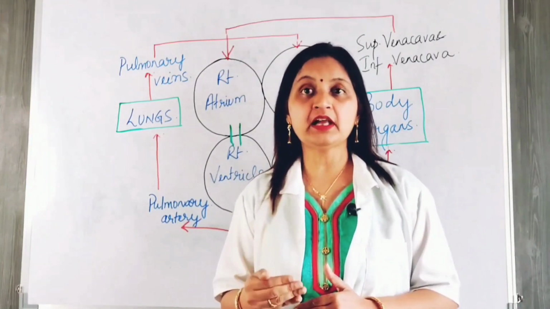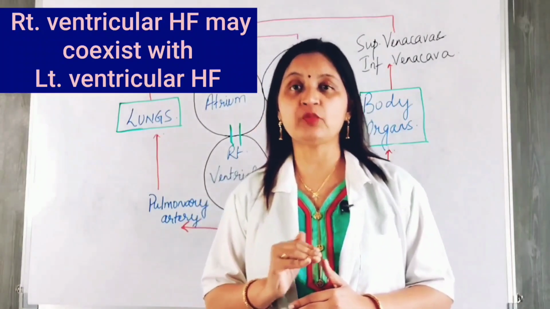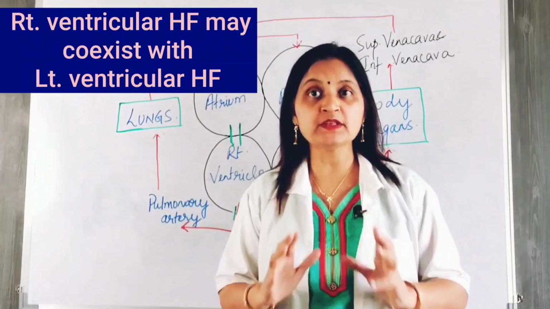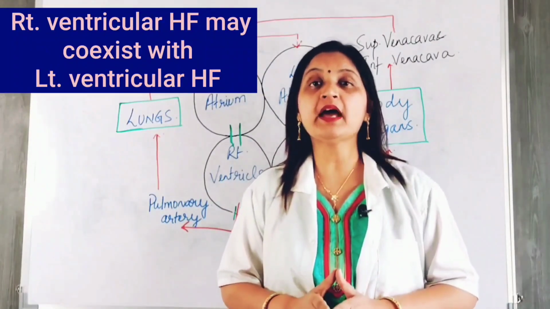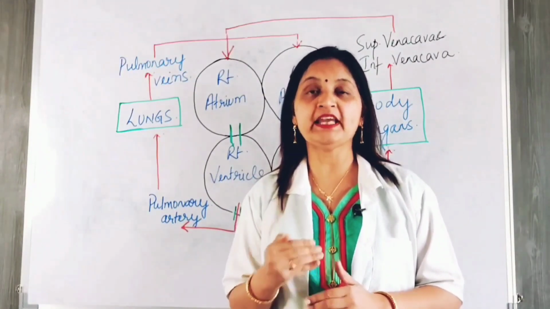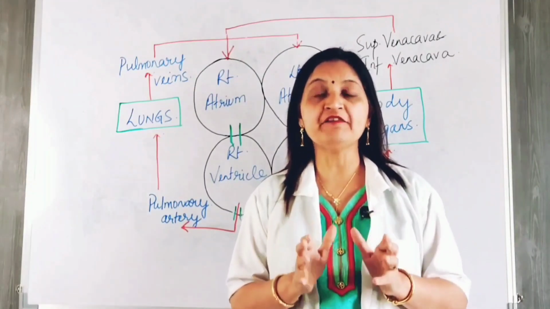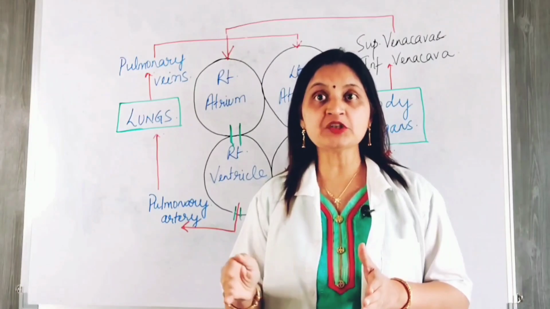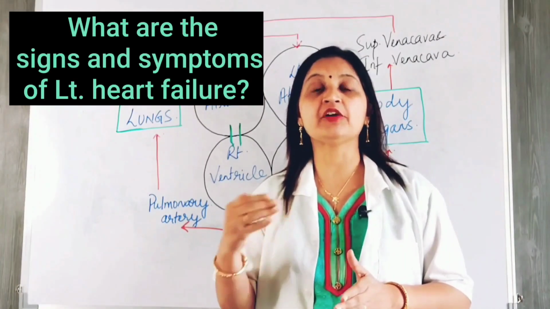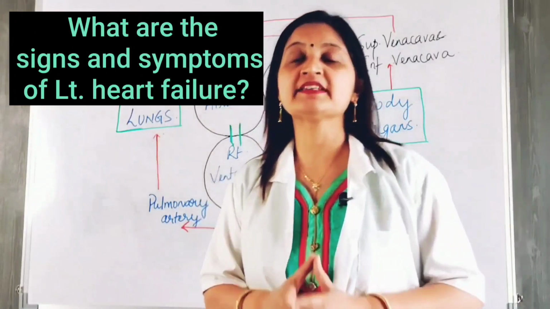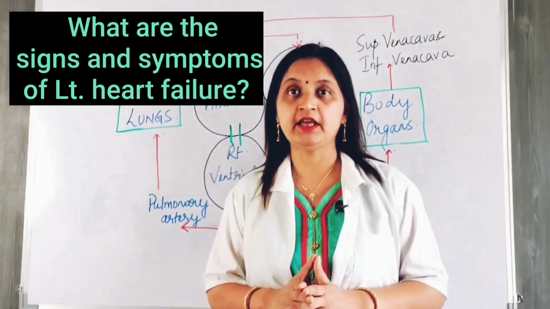Right ventricular heart failure may coexist with left ventricular heart failure if damage is sustained by both sides of the heart, or it may occur as a complication of progressive left ventricular failure. So, left ventricular failure progresses over a period of time to affect the right ventricle, leading to right ventricular failure, which coexists with left ventricular failure.